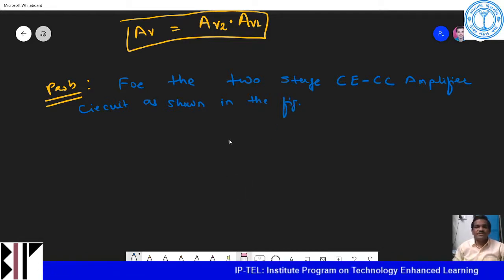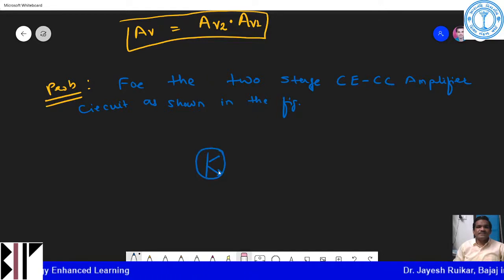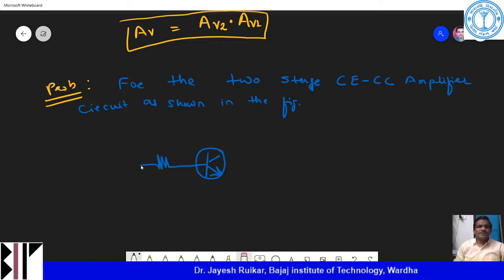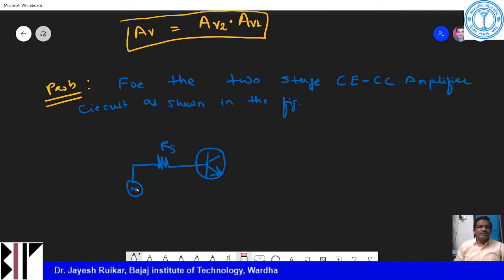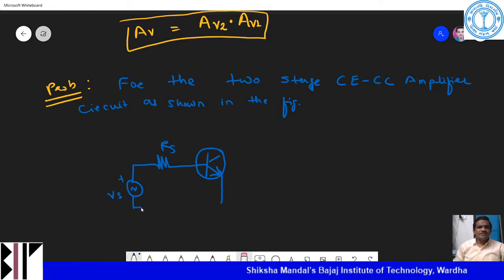I will draw the figure first. This is my first stage, that is my common emitter amplifier. This is my transistor, and then the source resistance is there, that is my RS, and then the input, which is sinusoidal, that is my VS, and then this comes out to be the ground.